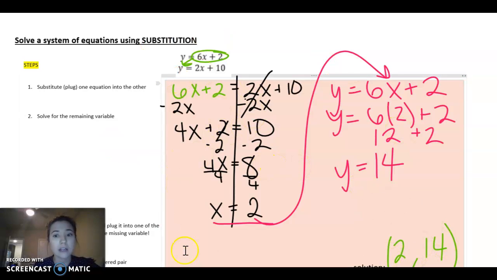Now what we're doing today is very, very similar. In regards to this part, it's the exact same, where we plug one equation into the other, substitute it in. We will still be solving for our variable. We will still be plugging that back in to find our missing variable and then writing our answer as a solution.